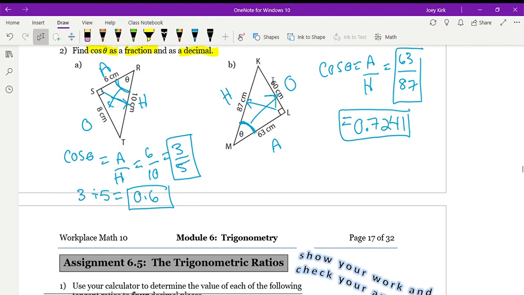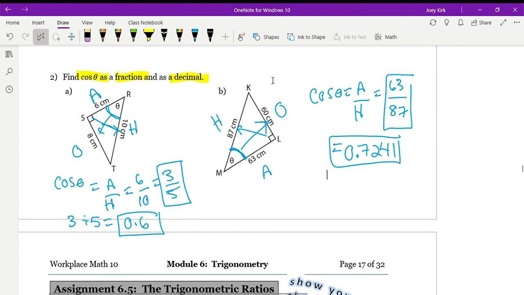Now, you might be asking yourself, why do I care? Why would I bother figuring out these ratios in a triangle? The reason we do this is because sometimes you don't have both the angle and all 3 side lengths, and you need to find the missing side length or missing angle.